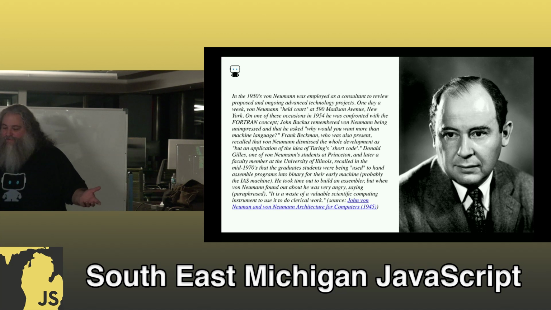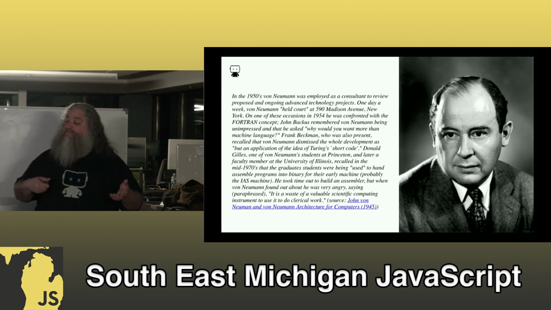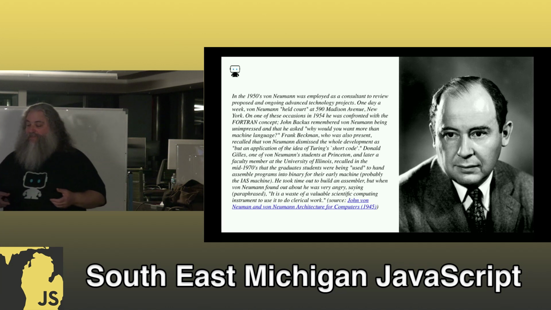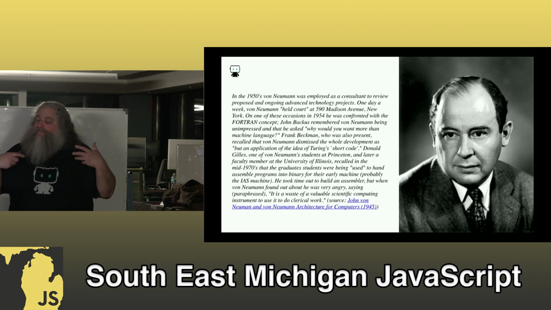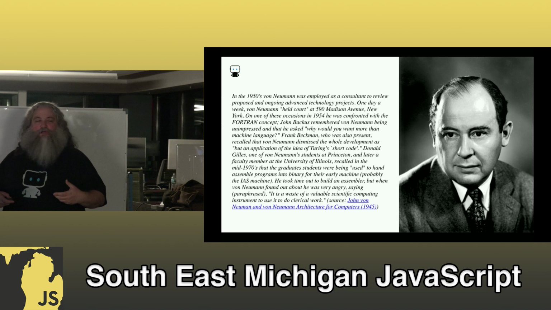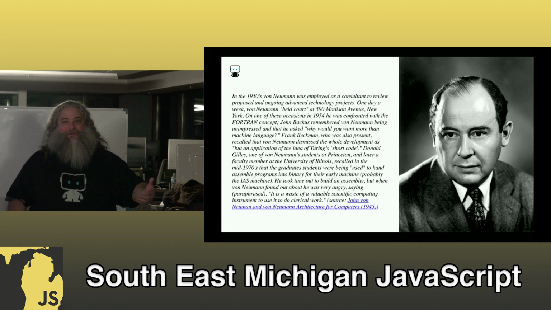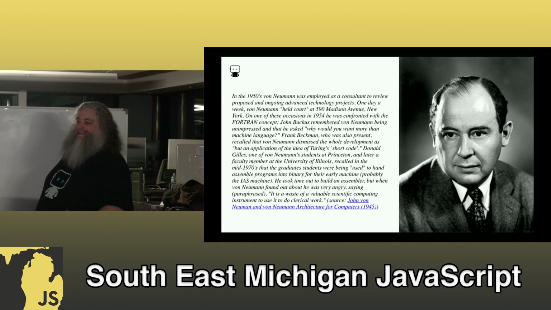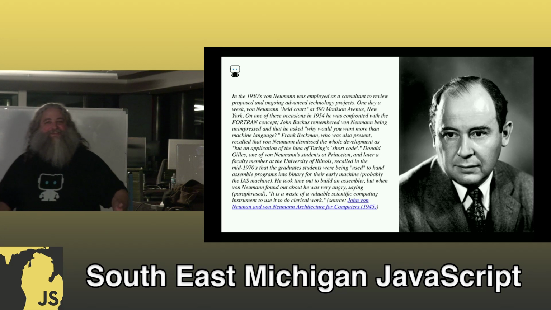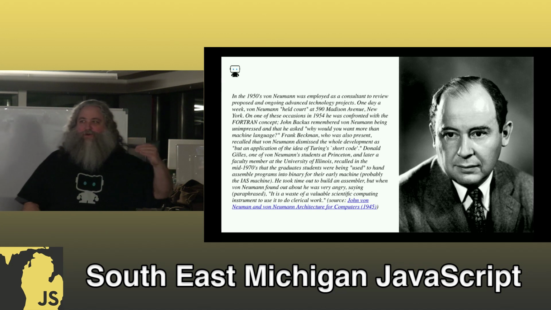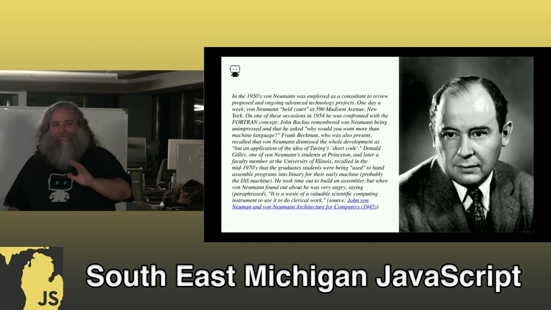And von Neumann yelled at him and said that it was a waste of a valuable scientific computing instrument to use it to do clerical work. So he viewed assembling code as clerical work, and thought everyone should just read the bit codes coming across the line.